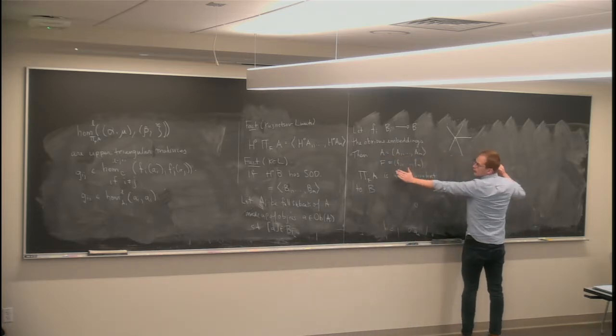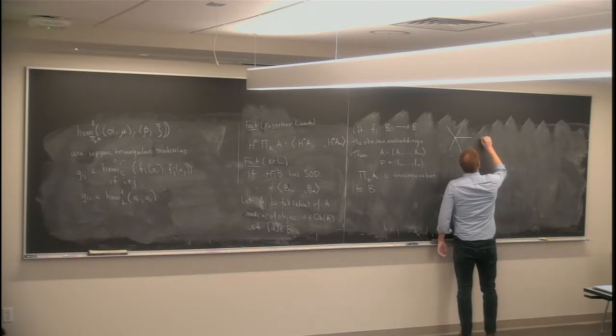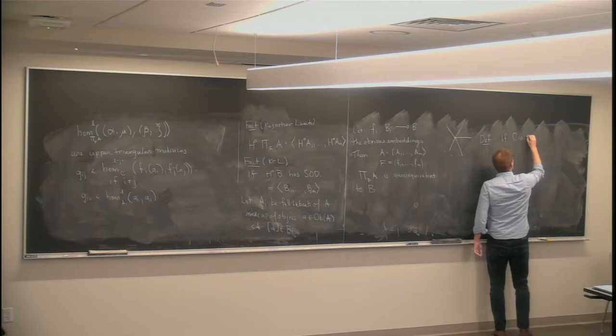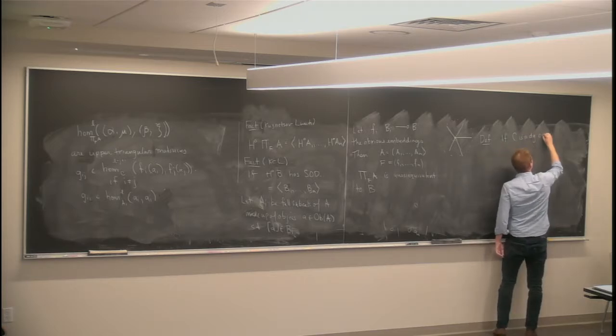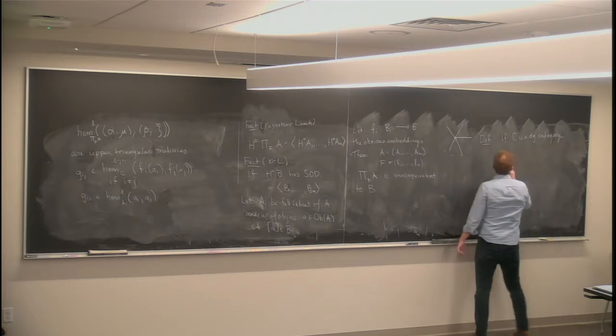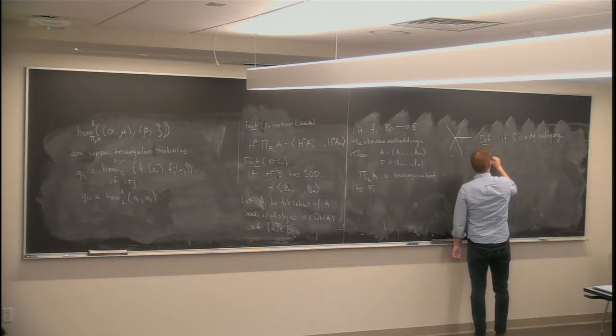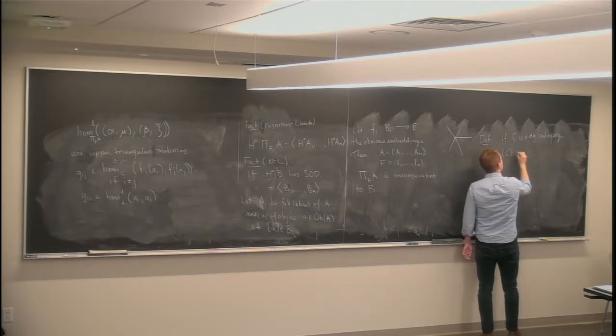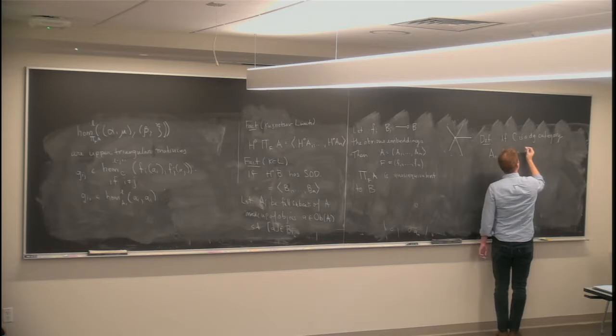So, taking this definition for granted, if C is a DG category, it will define what I'll call A_{n-1} C. This is going to be the product.